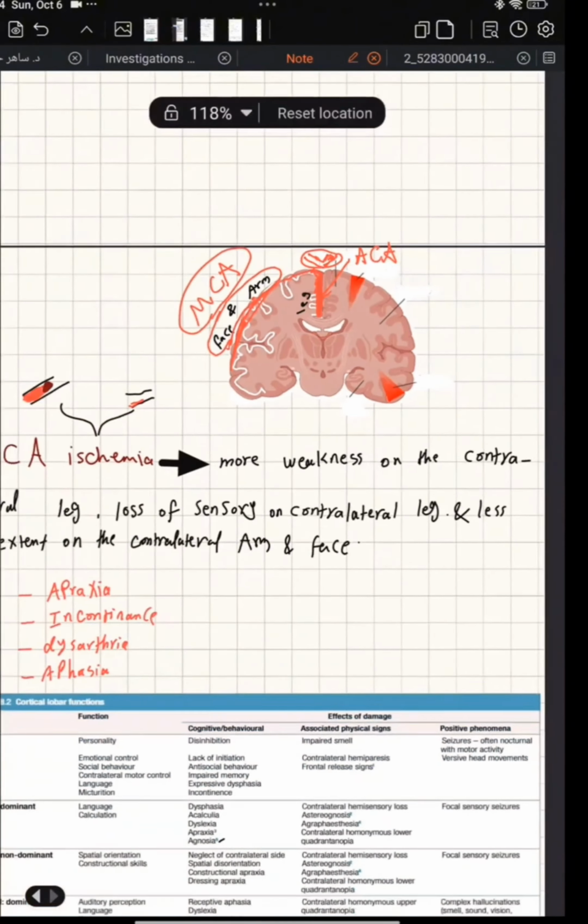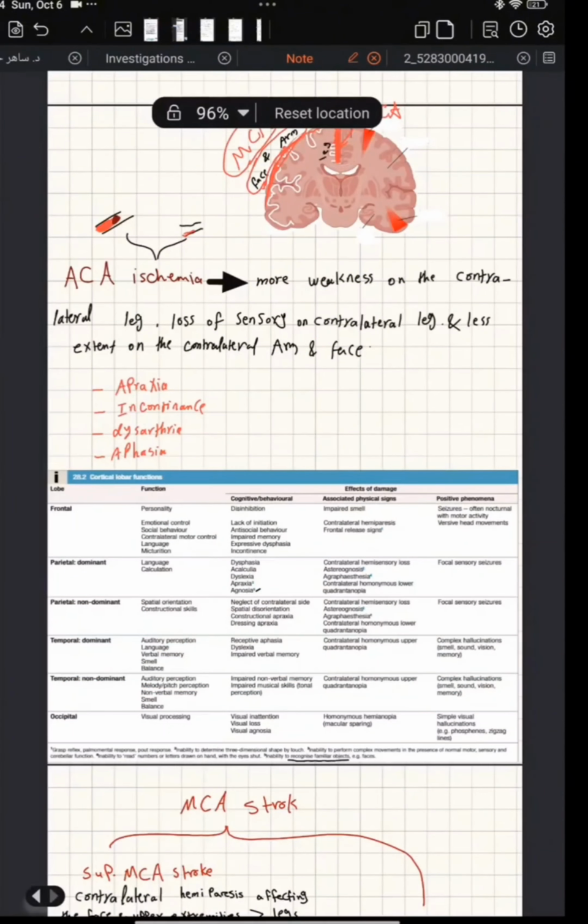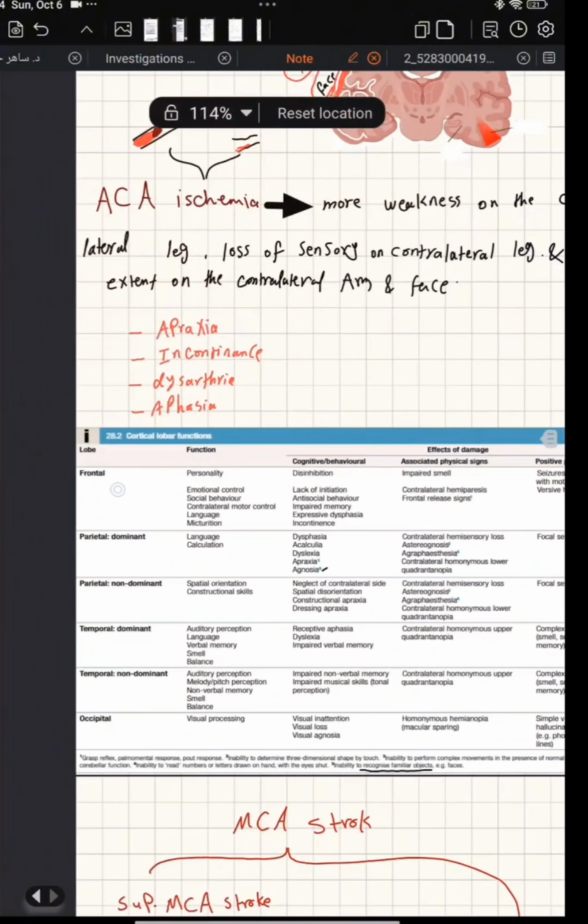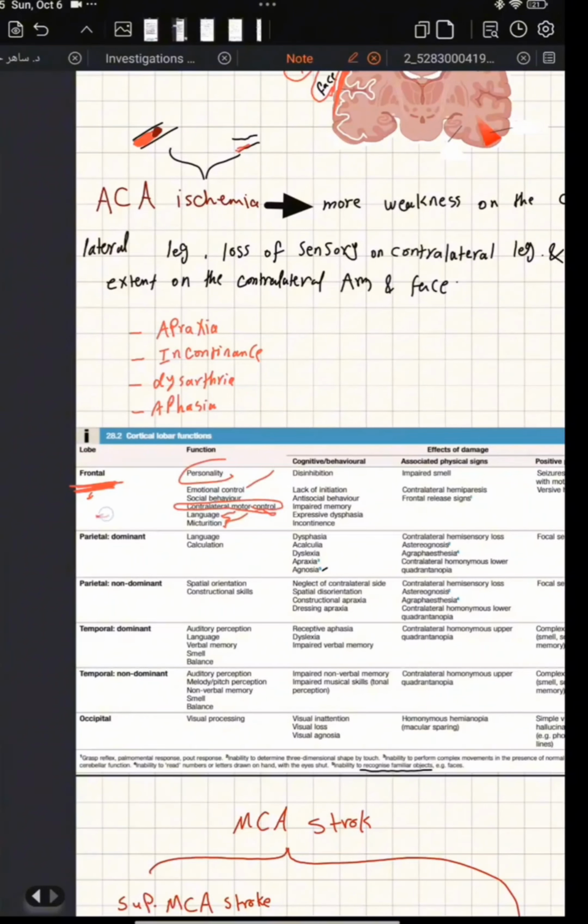Okay. Now, before we head into the symptoms of ischemia and stroke of these arteries, let's read some functions of these lobes from Davidson. Frontal lobe, responsible for contralateral motor cortex, personality, language maturation, emotional control, generally for execution.